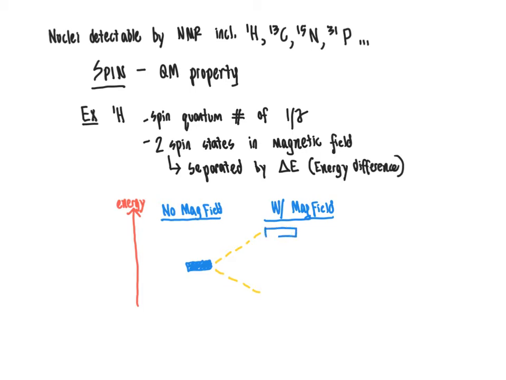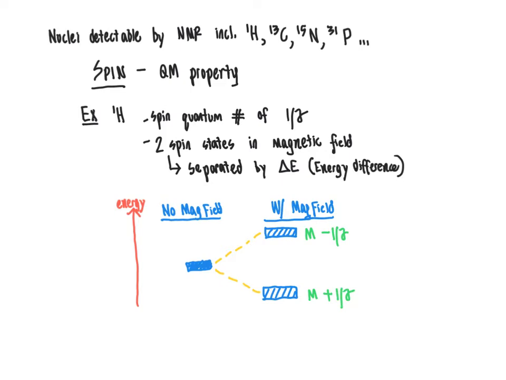One of those will have a higher energy. That's the one I'm drawing in right now with my blue dashed line box, and a lower energy down here. These would correspond to the spin states of -1/2, corresponding to that spin quantum number of 1/2, or +1/2.